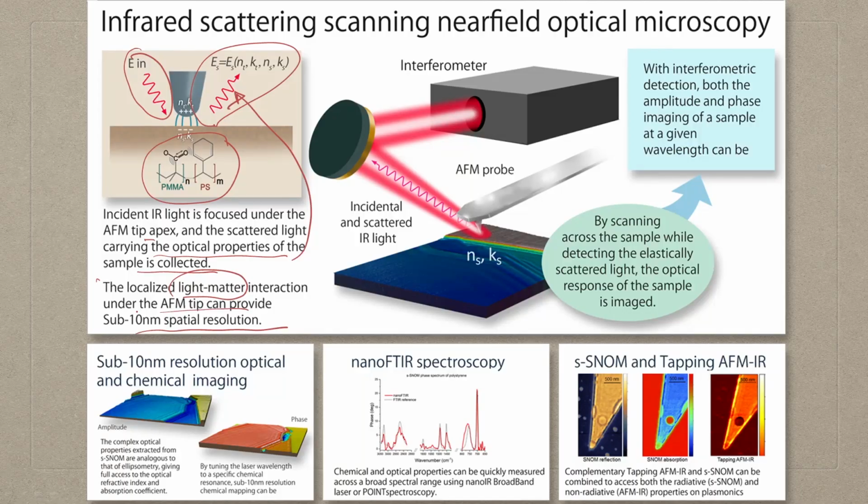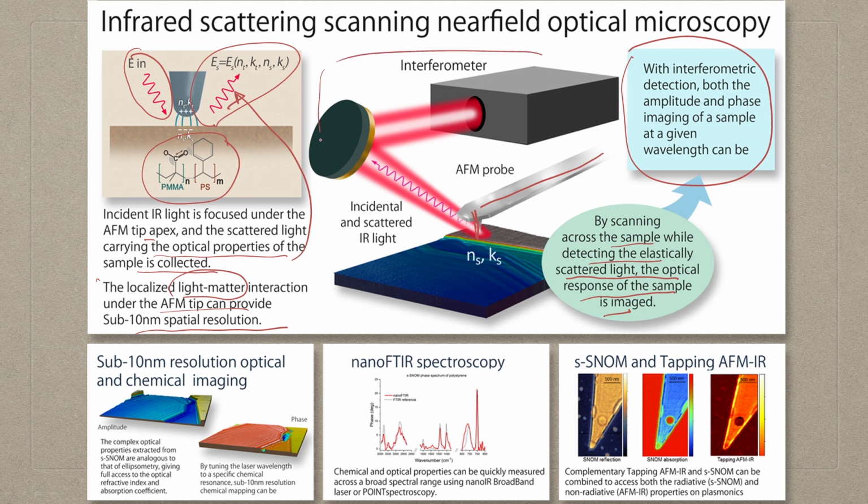Now look, here you have the AFM probe, and here you have the interferometer which is taking the incident and the scattered IR light. With interferometric detection, both amplitude and phase images of a sample at a given wavelength can be figured out. By scanning across the sample while detecting the elastically scattered light, the optical response of the sample is imaged.